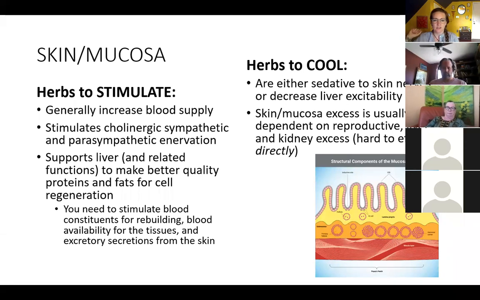Skin mucosa excess is usually dependent on reproductive, liver and kidney excess, and it's hard to affect directly. That's what we were saying, it's generally related to something else. It's not like the skin is its own organ with a mind of its own. It's surface level of the system that holds it, or that it holds, rather. It holds the whole system.